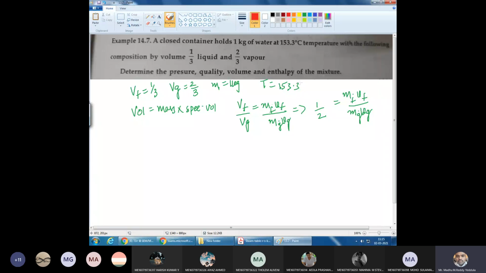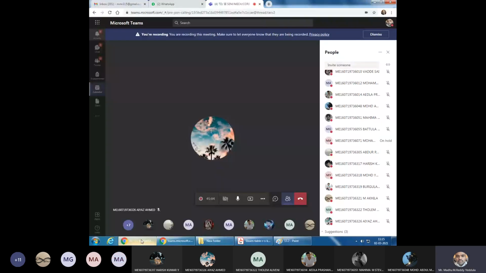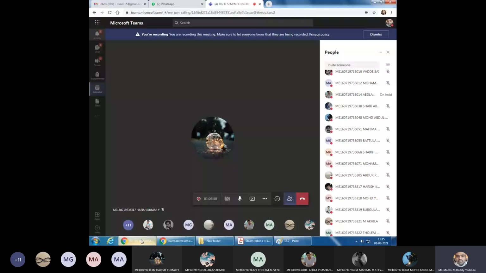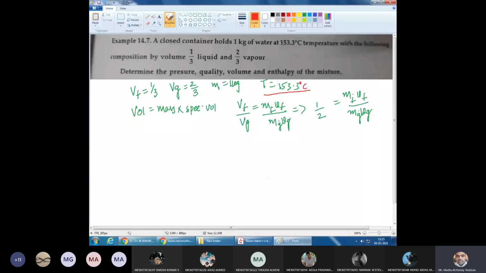Students, am I audible? Respond. Hello? 153.3 degrees. Right, 153.3 degrees. Which table do I need to refer to? Saturated water and steam or superheated steam?